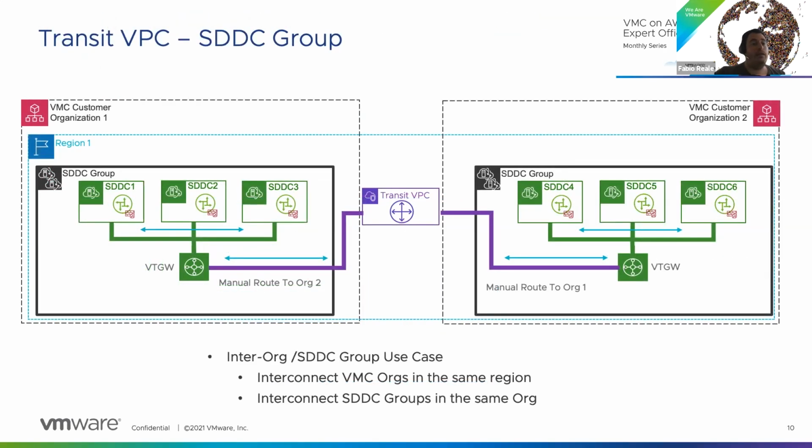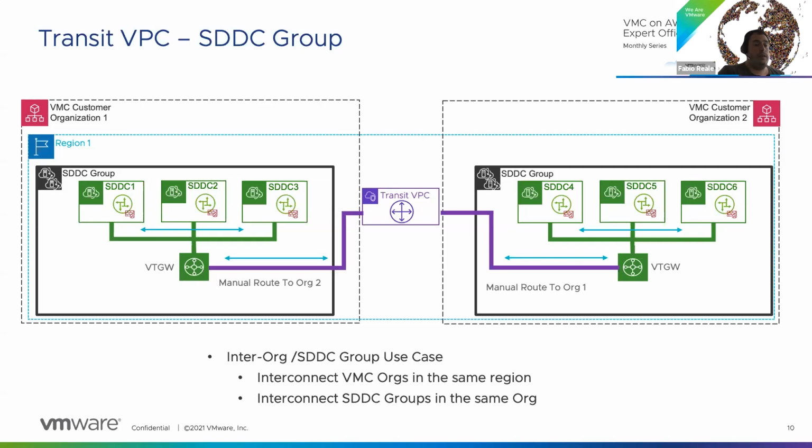Another opportunity is to interconnect SDDCs from different organizations. We have customers that are maybe big companies, so they have multiple orgs, and they need a way to interconnect all the SDDC groups in a better way than a VPN, because that was the only way up until today. You can do that with the Transit VPC.